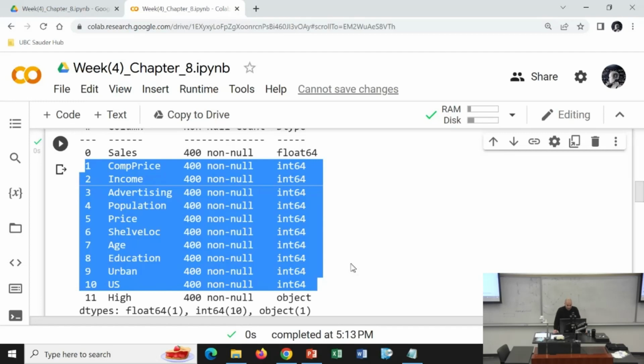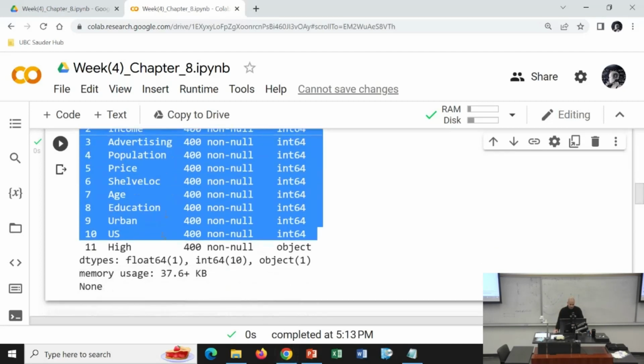for a classification task. We created a new column called high, a very strange name. It means whether the sales in that branch were more than 8,000 units.